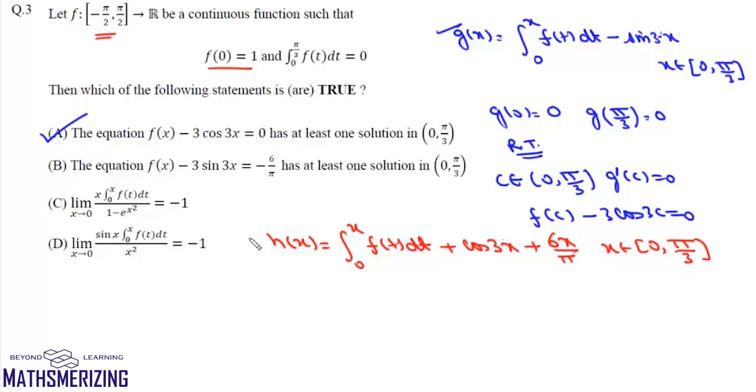Now this function again is continuous and differentiable. Now if we find h(0), h(0) will be cos 0, which is 1, and h(π/3), this integral will be 0. Now cos π is −1 and this value will be 2. So the value of h(π/3) is 1.